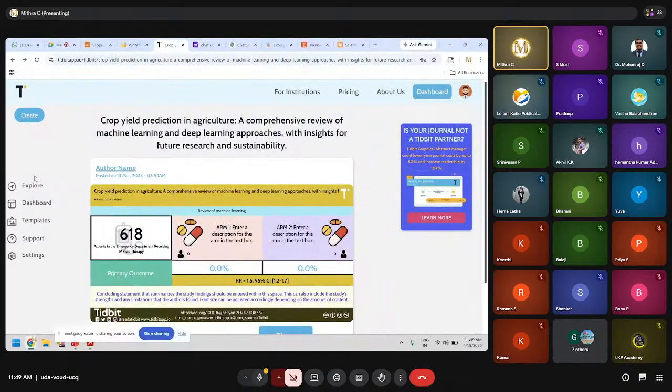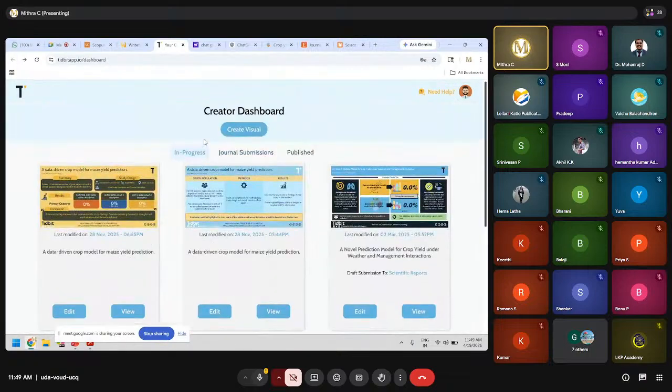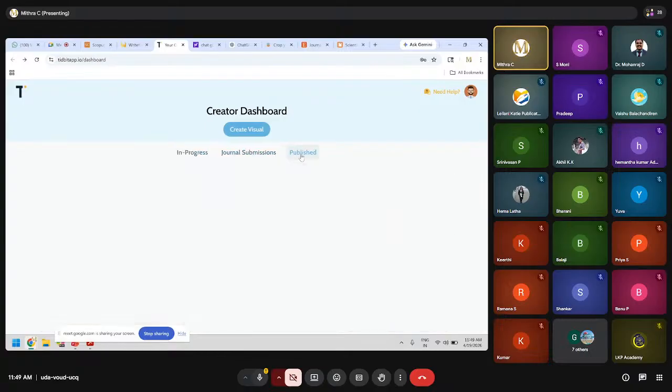Let me showcase it. You can create a dashboard, and when you log in you will find a dashboard like this. In this you can write published, and for the sample you can apply journal submissions. Click the published article over here. It is taking some time.